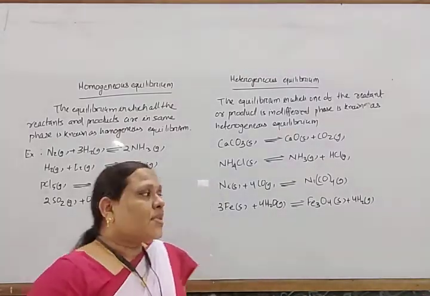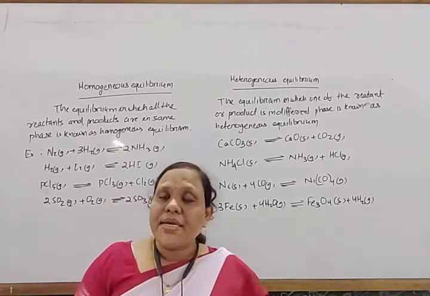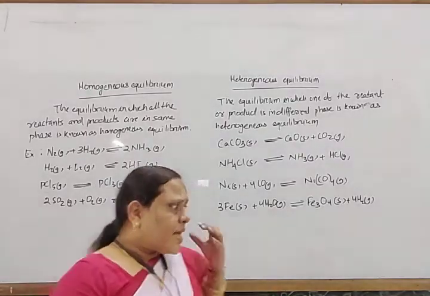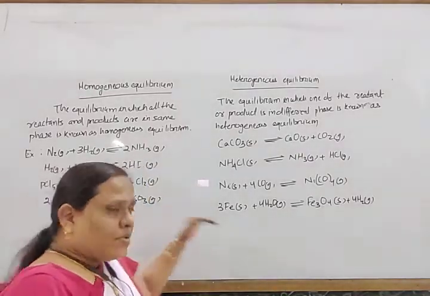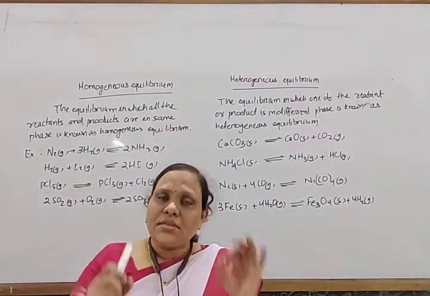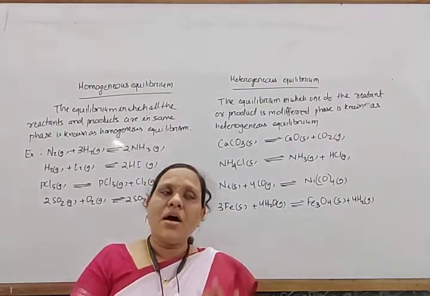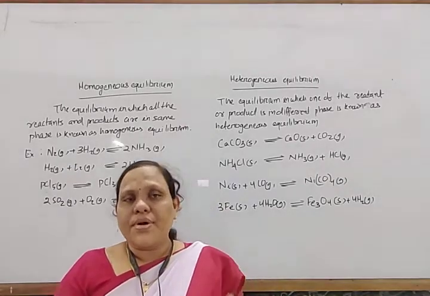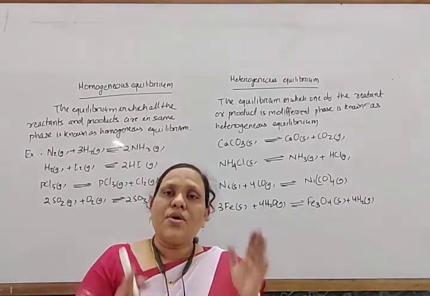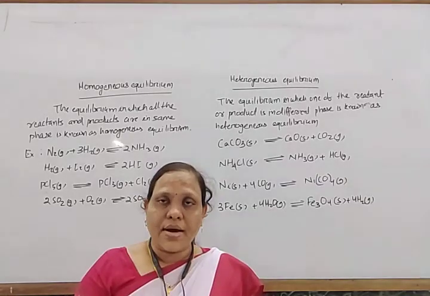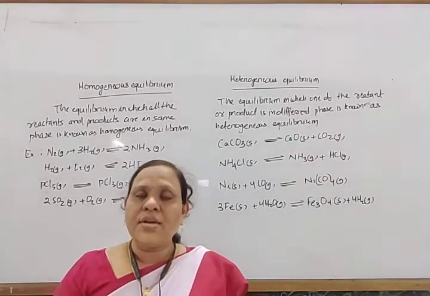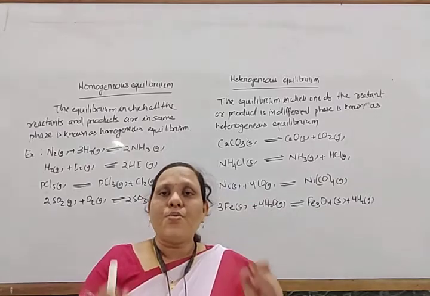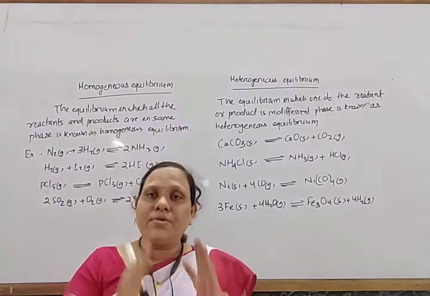Next, equilibrium is dynamic in nature. Dynamic means that at equilibrium condition, the reaction has not stopped. Actually, the reaction proceeds, but the speed of the forward reaction and backward reaction both become equal. So the rate of forward reaction and rate of backward reaction are equal at equilibrium.